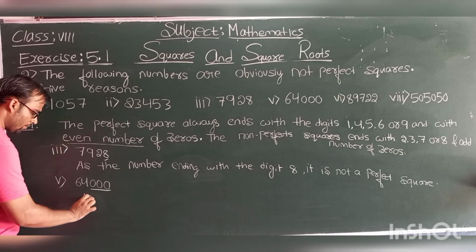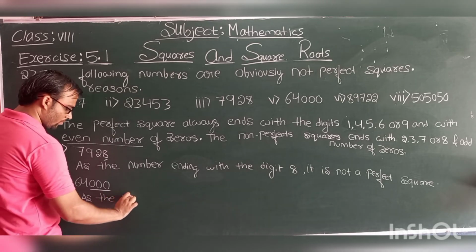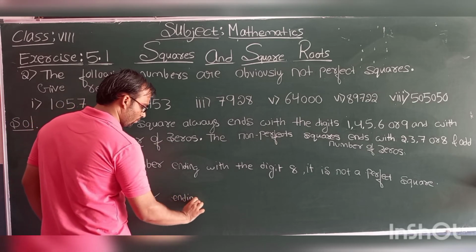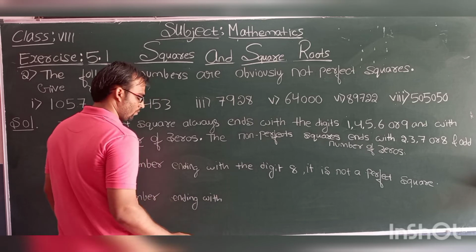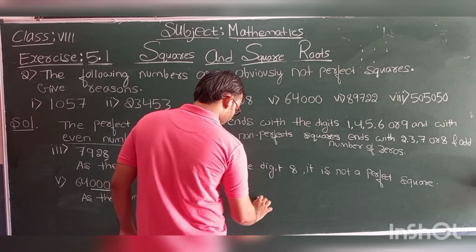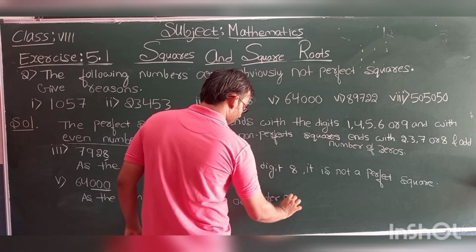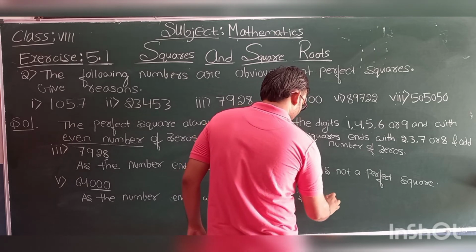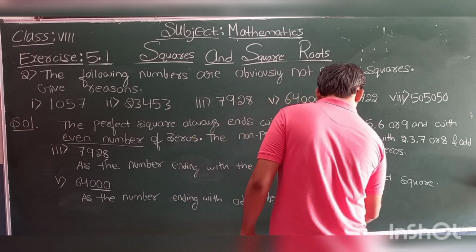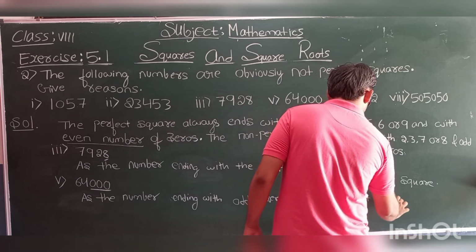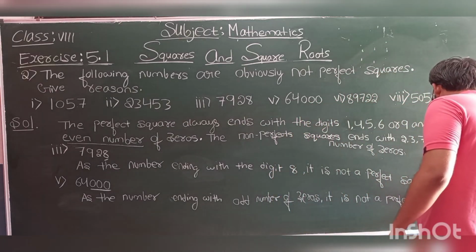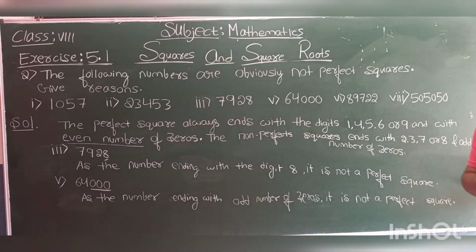Okay, students, as this number is having an odd number of zeros, it is not a perfect square.